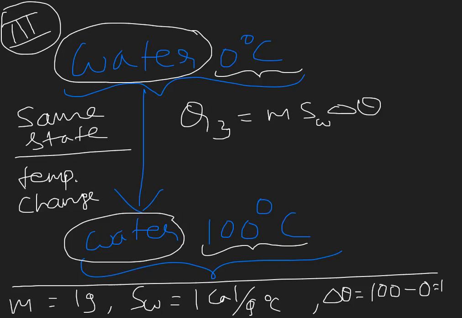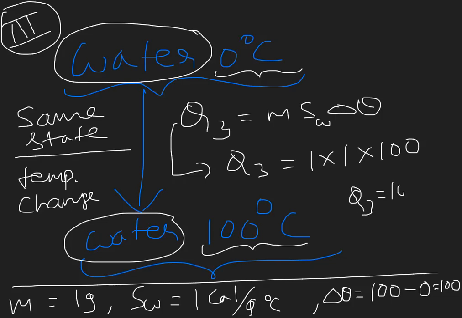So temperature difference is 100 minus 0 is 100. So Q3 is equal to, m value is 1 gram, specific heat of water 1, delta theta 100. So now I can write Q3 equal to 100 calories.